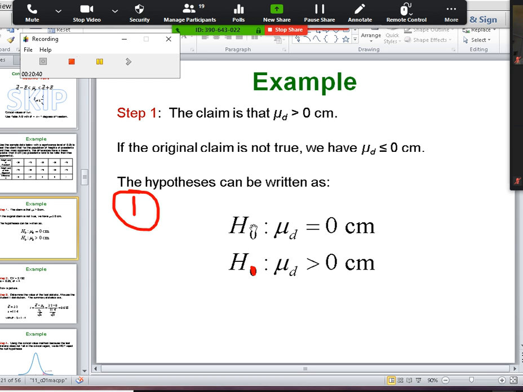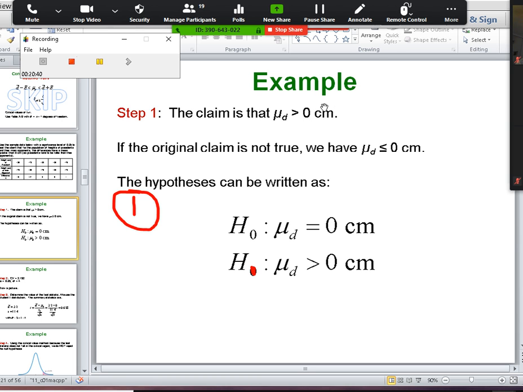Okay, so my H naught is always equal to what? Equal to 0. This is always going to be 0, incidentally. It's either going to be greater than 0, less than 0, not equal to 0, or equal to 0. For Chapter 9 only, not for Chapter 8, dependent only, this thing here is 0.